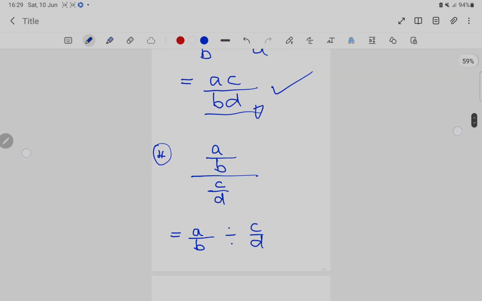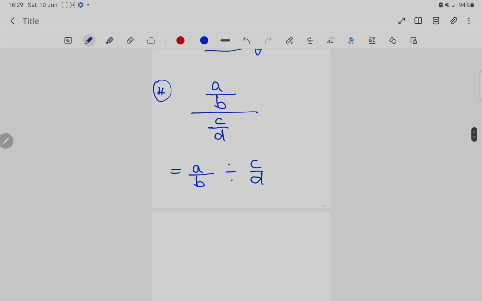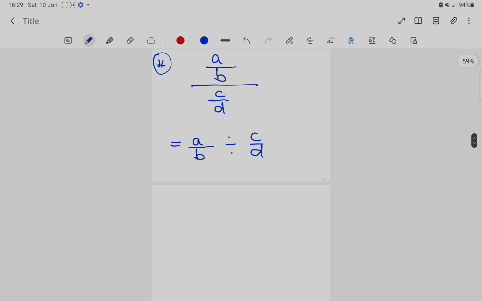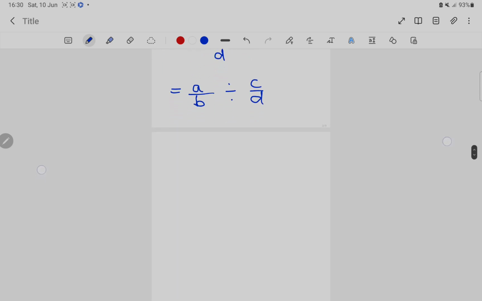Okay. Now coming to the division of fractions. What if you are given A over B divided by C over D? What happens? So you can rewrite this fraction in this form: A over B divided by C over D. The opposite sign of a division is multiply.